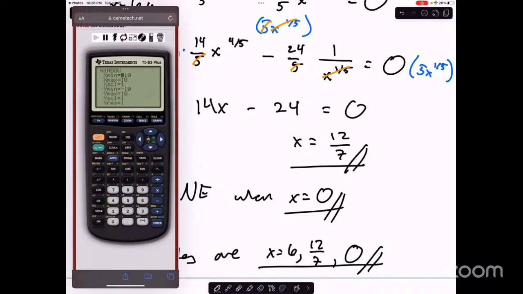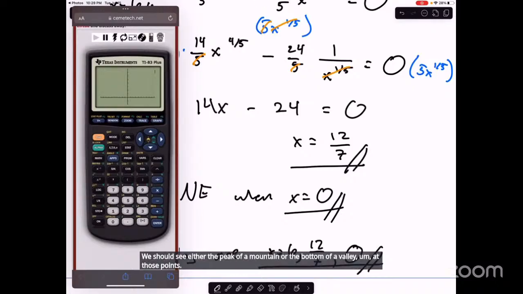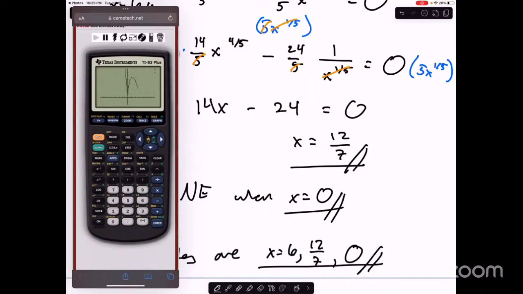So then for my window, the y value needs to go up to about 35 or 40, maybe in steps of 5. Again, when x is 6, 12 over 7, or 0, we should see either the peak of a mountain or the bottom of a valley at those points. Looks like all three of them occurred, right?